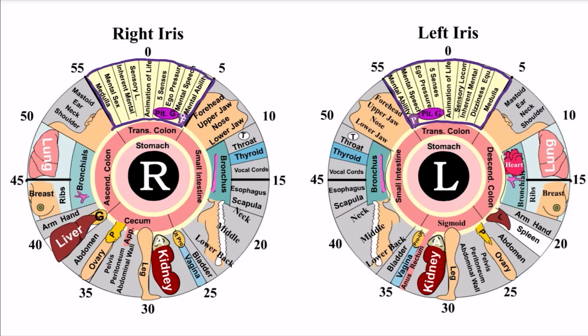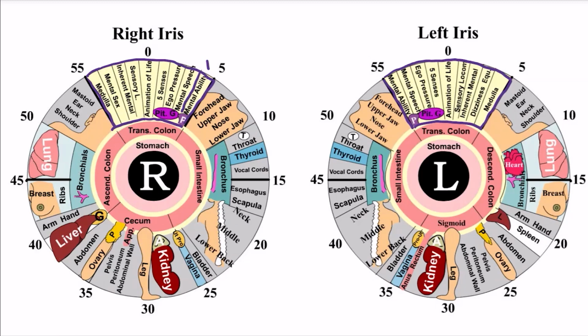It is located in the right iris at the base of the mental ability brain zone at approximately 1 o'clock and in zone 3. So in zone 3, we have the stomach, and then the bowels and the colon, and outside of that we have zone 3 where several of the glands are, and also the heart appears in zone 3.